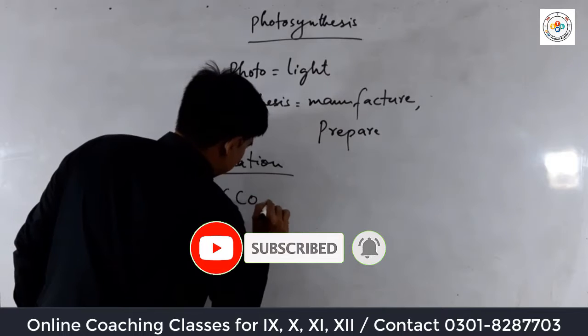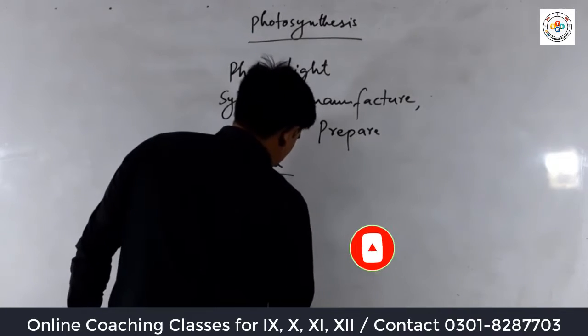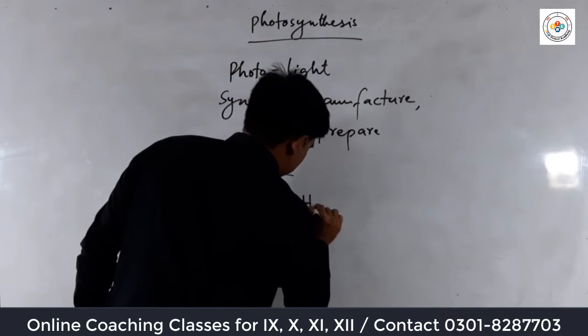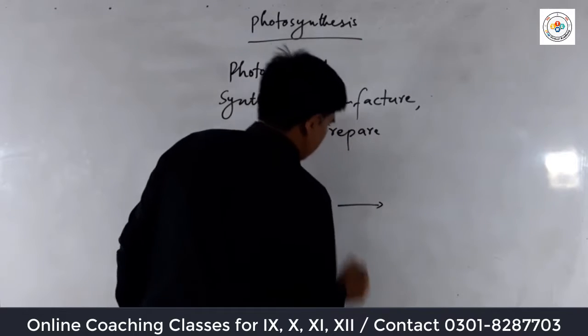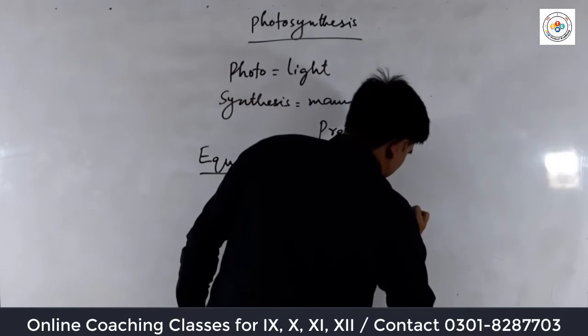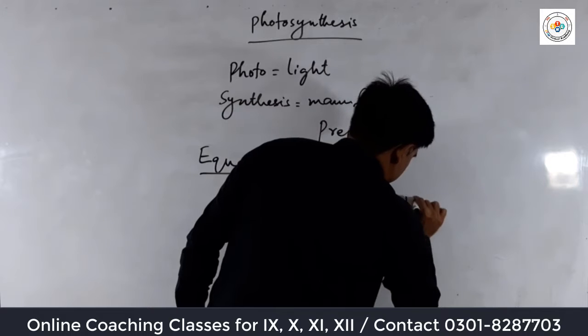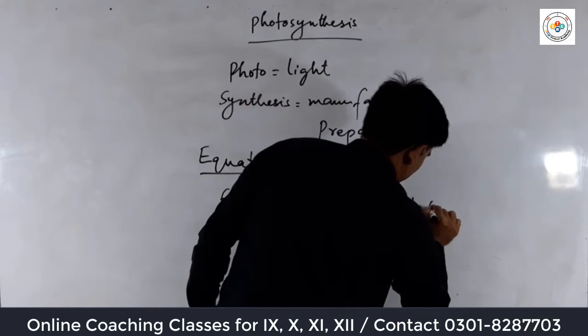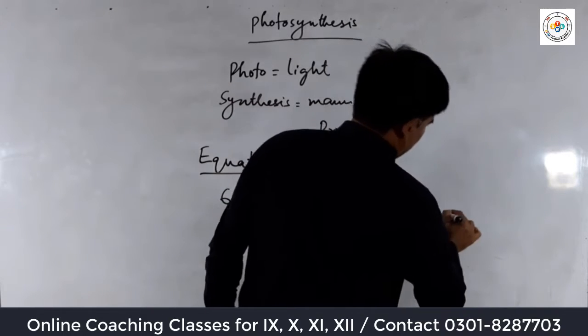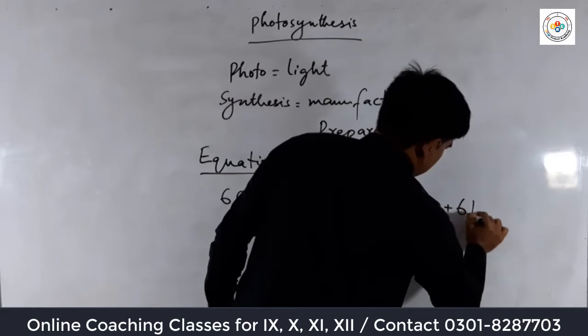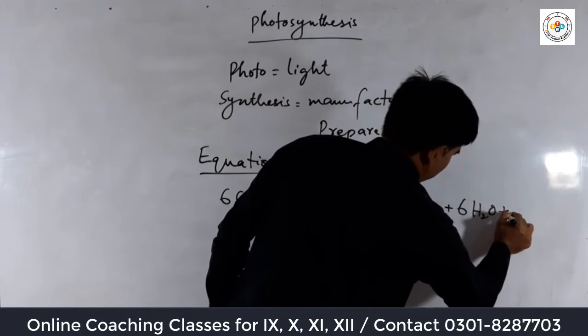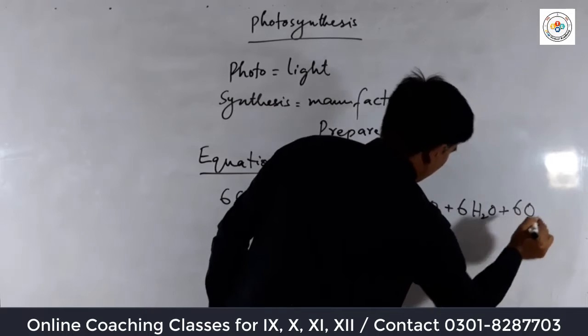6 carbon dioxide molecules and 12 water molecules help to form C6H12O6, glucose, plus 6H2O plus 6O2.